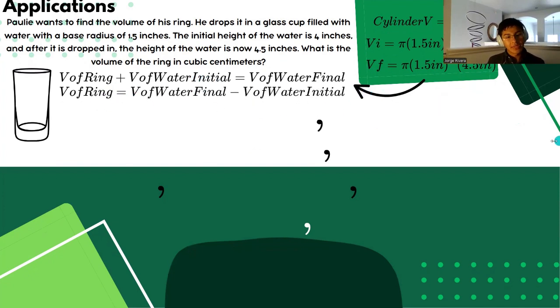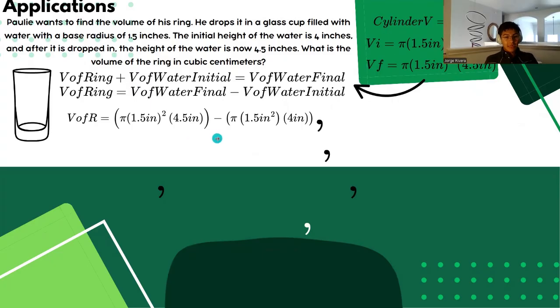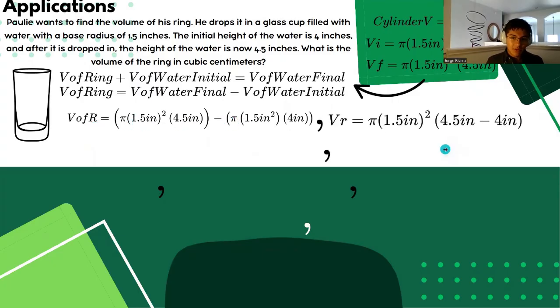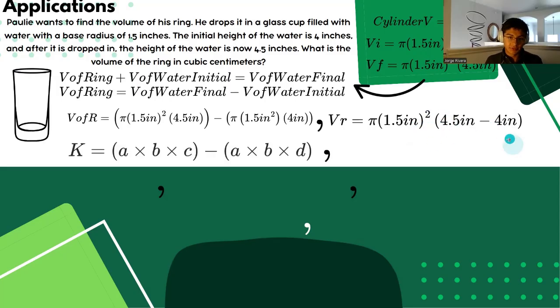So then the volume of the ring, I already talked about. So we can set up this equation and plug these things in. Volume of the ring is equal to all of this. But a way that we can simplify this, using the commutative property, is that the equation is only going to be equal to pi times 1.5 inches squared times the difference between 4.5 and 4 inches.